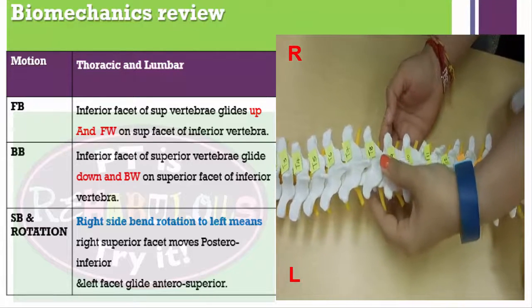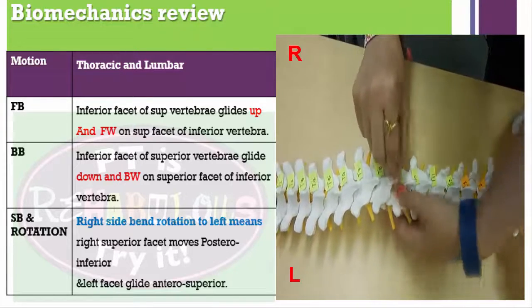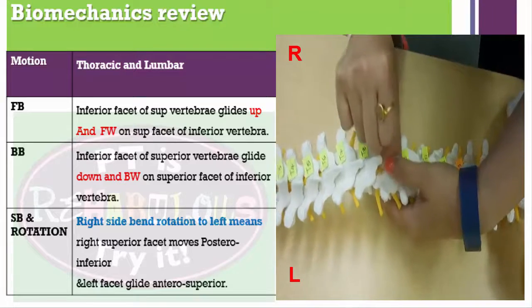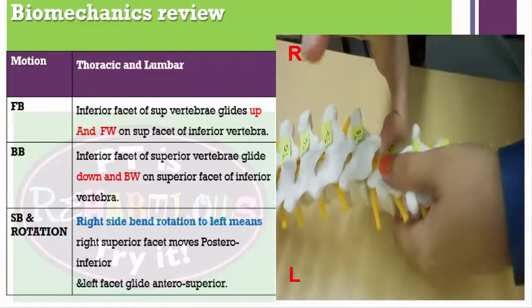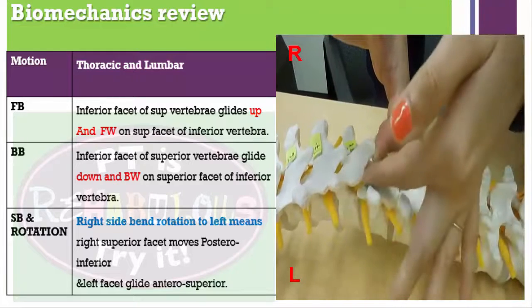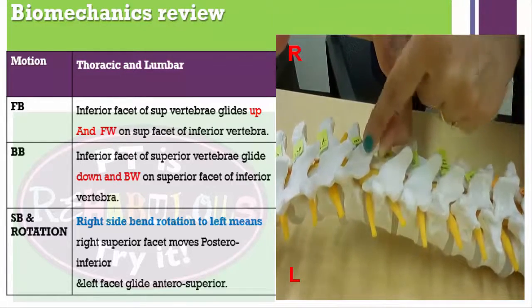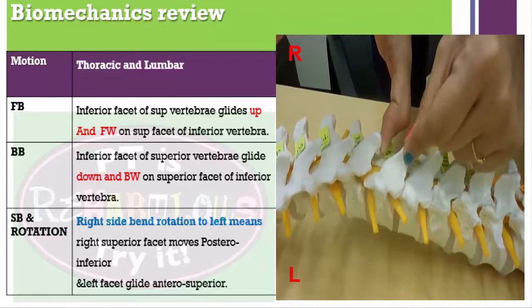Here you can notice that if we do flexion, forward bending, this is your superior articular facet, this is your inferior articular facet. This is the superior vertebra, this is the inferior vertebra.